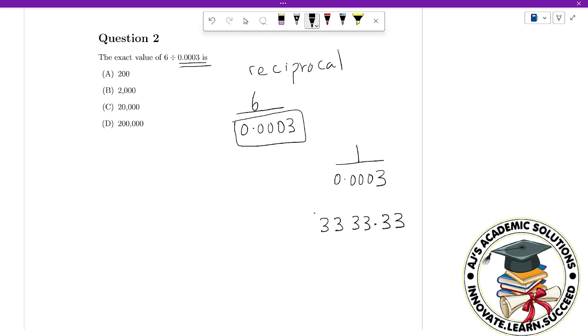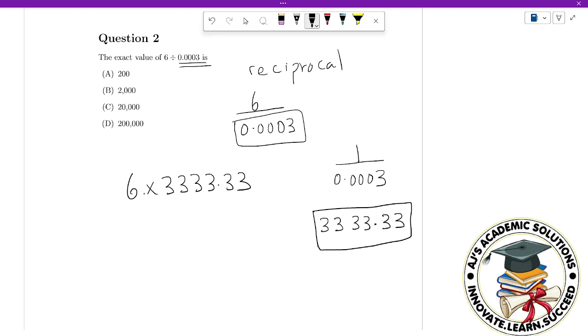Like I said, in another video, I'll break this down more in depth, but let's go ahead and solve this part now. So what we have is 6 multiplied by 3,333.33. Now, we also need to recognize that it wants the exact value.